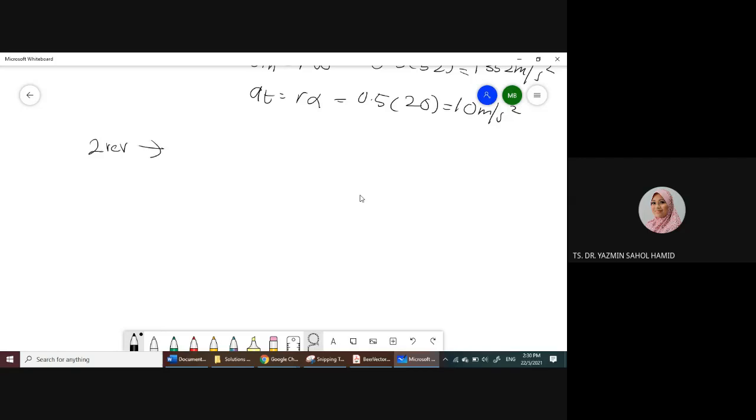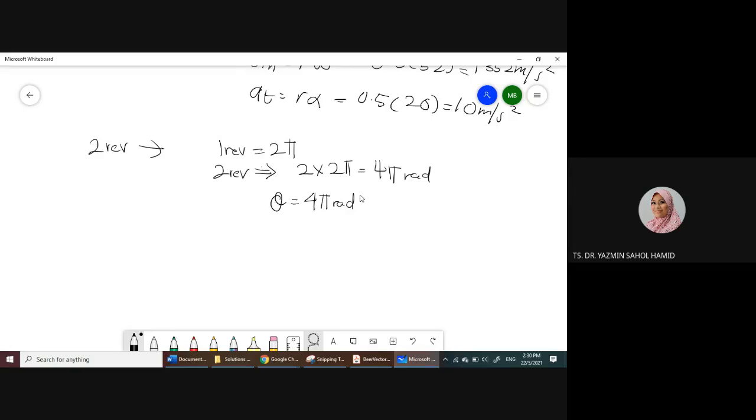Remember I've told you 1 revolution equals 2 pi. So 2 revolutions will be 2 times 2 pi, which becomes 4 pi. This will be your theta because this one is in unit radians. So your theta is 4 pi radian.